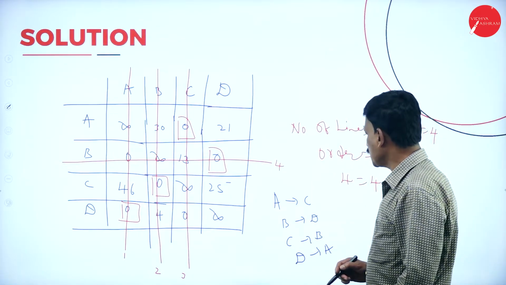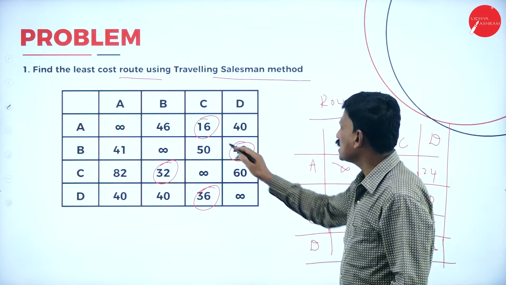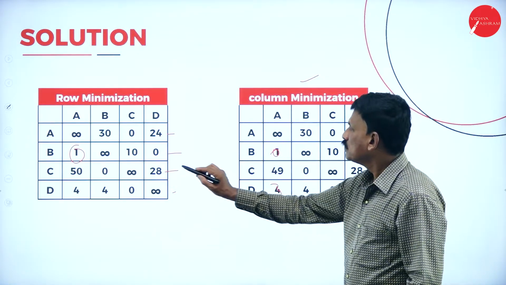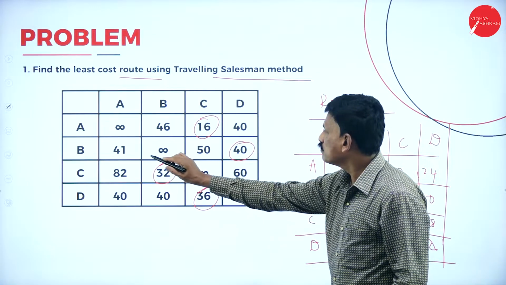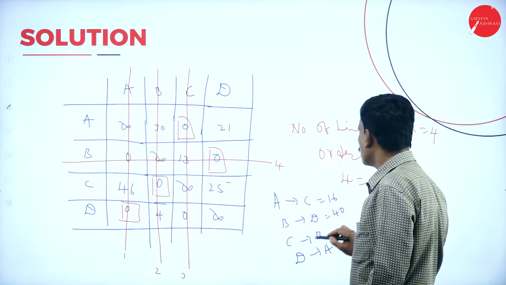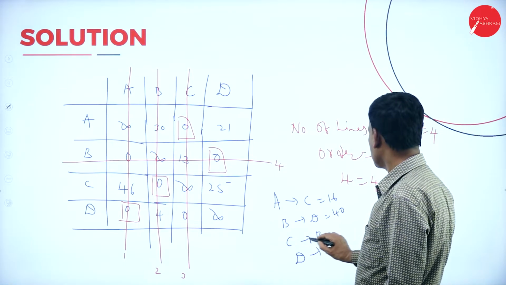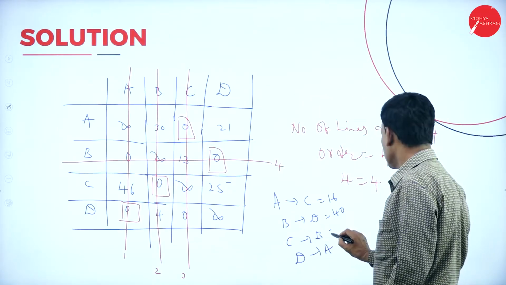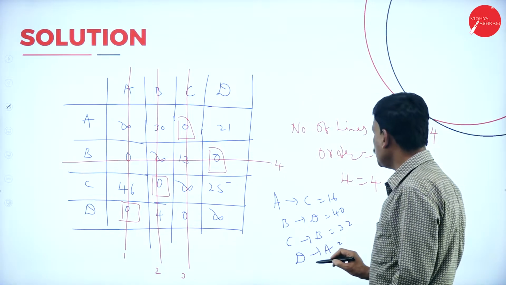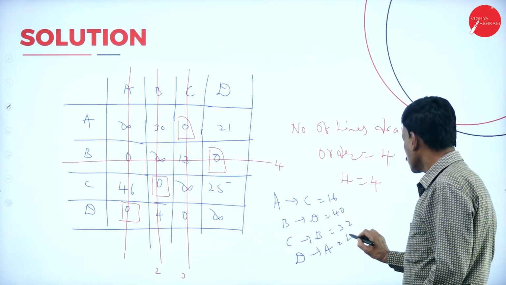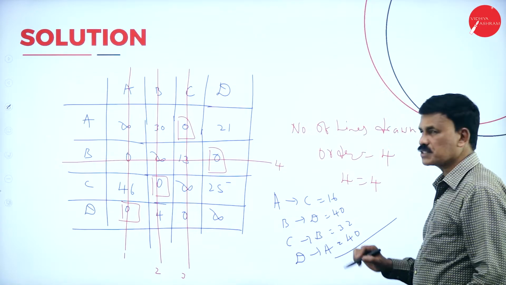Now what are the values here? We have A to C, it is 16, then B to D it is 40, then next is C to B it is 32, and D to A it is 40. Add this, you will get the answer, that's it.